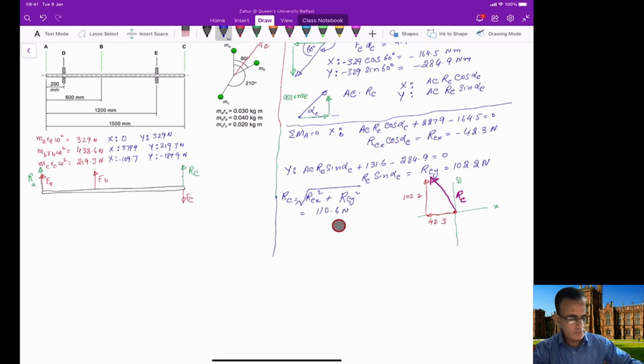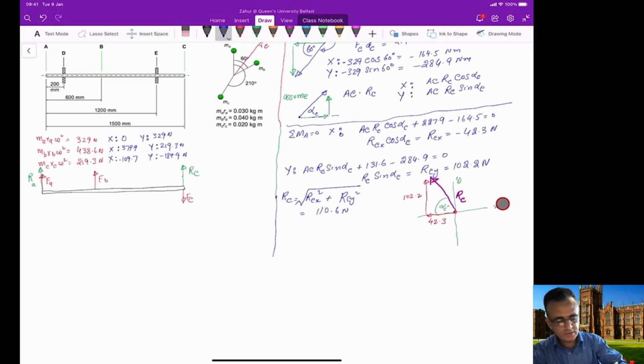Okay, so if you calculate this thing here, now you also need to calculate this angle here, and you can, for example, call this angle alpha c dash, because the actual angle was relative to this MA. We want to calculate the angle relative to MA, and this alpha c is just this angle here.